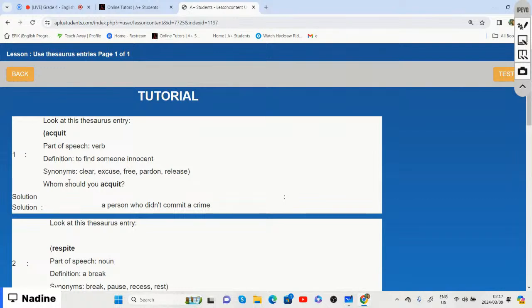And if we look at the thesaurus, it says exonerate. This thesaurus entry basically gives us the word, which is exonerate.